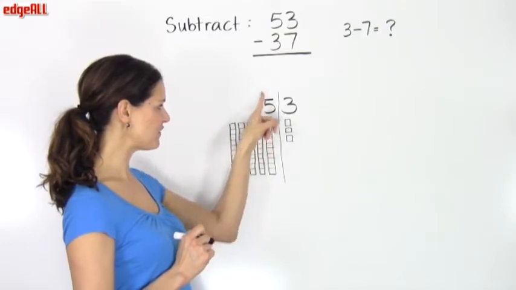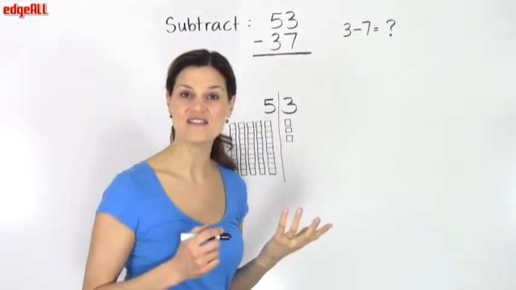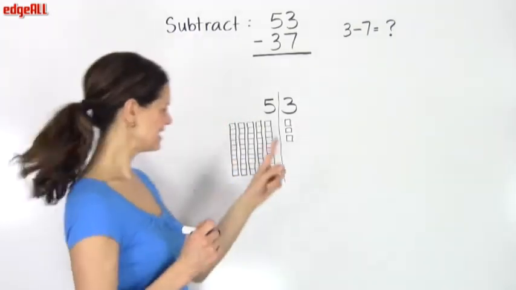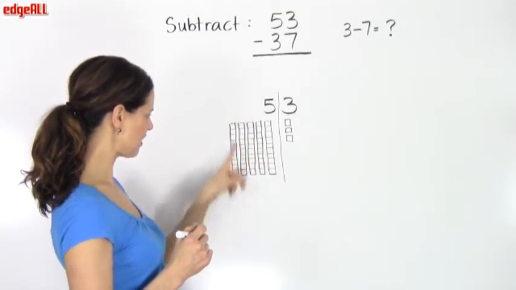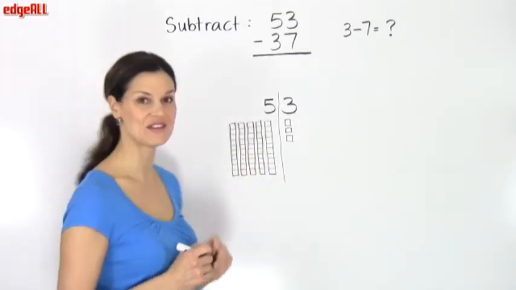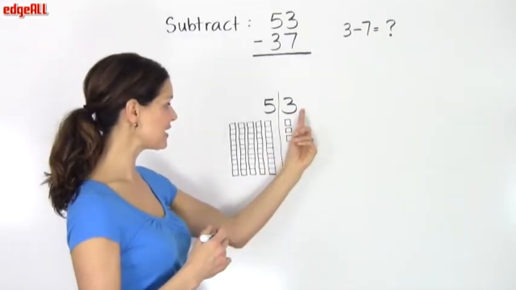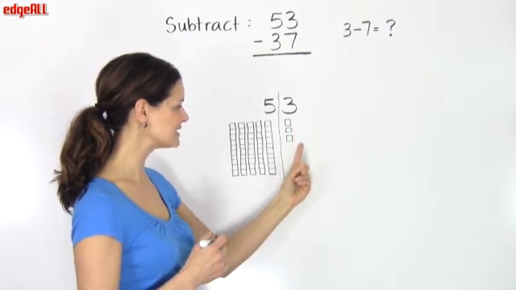So for the 50 part of my 53, I can think of this as having 5 tens. So I've got 1, 2, 3, 4, 5 sets of 10 to represent my 50. And then the 3 I can think of as 3 ones.